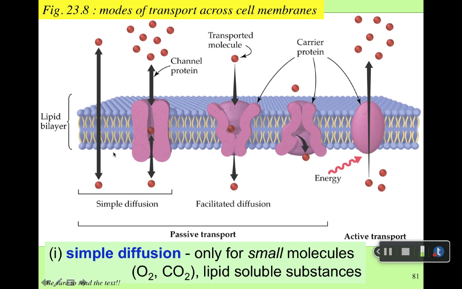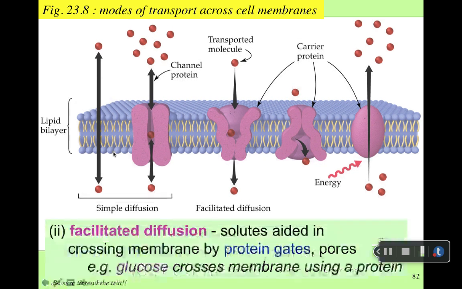or, if it has to have something else helping it along, it can be facilitated diffusion, where there's a protein involved to allow the molecules to go from high concentration to low concentration through some kind of protein channel or gate. They have different features that can allow molecules to get across the membrane.